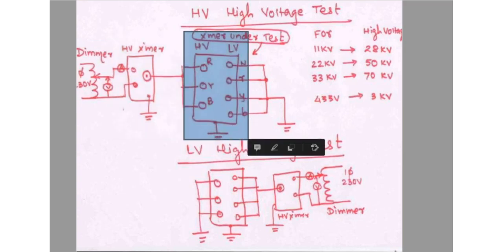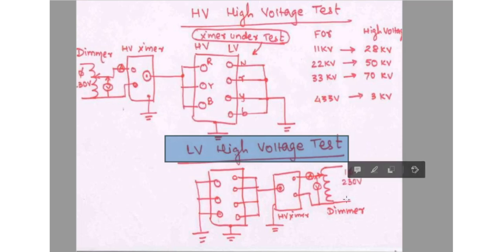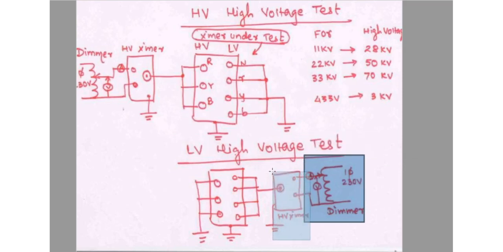Now we have to use this high voltage side for connection, and we have to use this low voltage side, and they are connected together and make the earth. The reverse connection is for low voltage high voltage test. Same way we have to connect the low voltage winding, dimmer, voltmeter, ammeter, again the high voltage transformer, and the other side of high voltage is clubbed together and it should be earth.